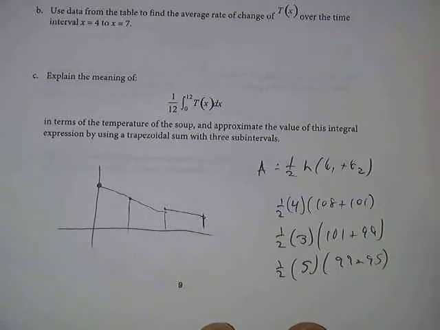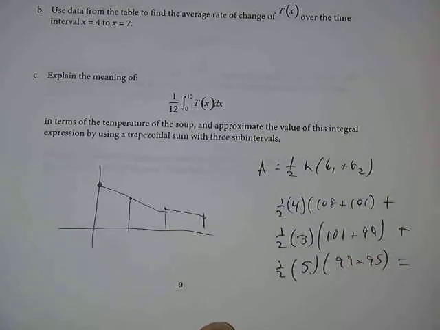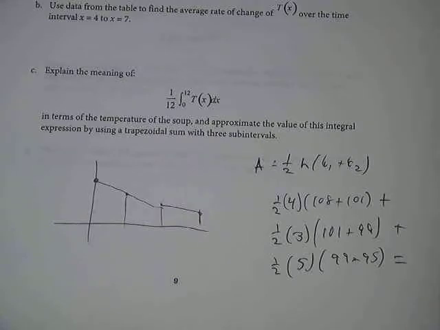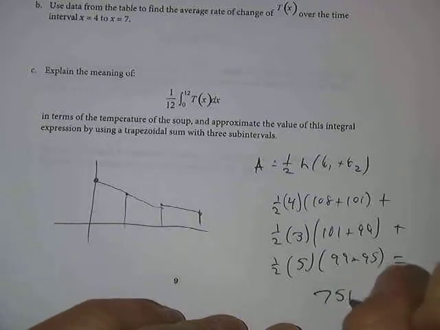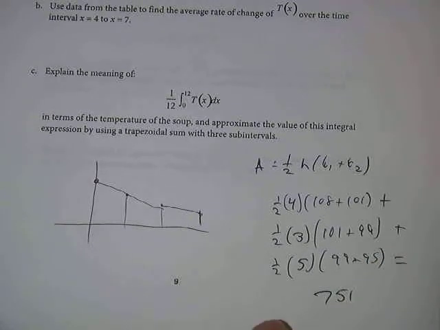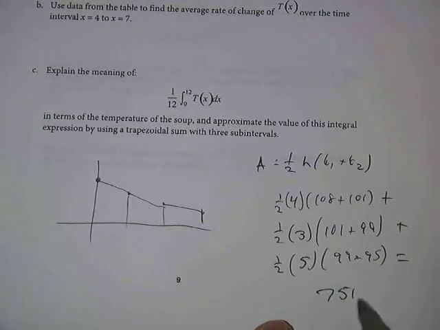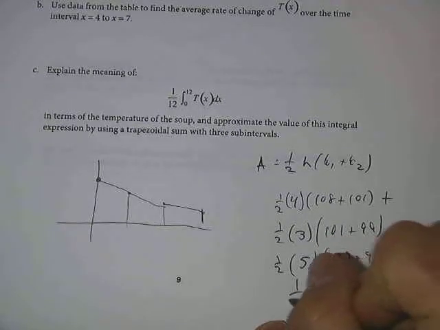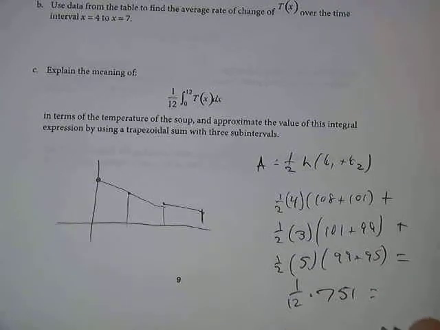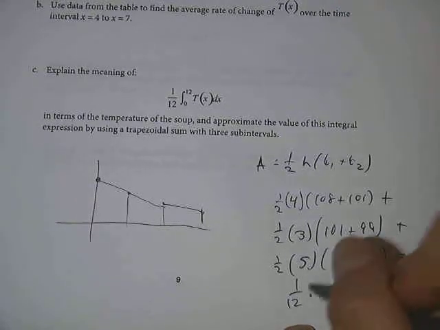The next one goes from 4 to 7, so that's a height of 3. The 2 bases are 101 and 99. And the last one goes from 7 to 12, so that's 5. And the bases are 99 and 95. Then what we're going to do with all those 3 things? Just add them up. Plus and plus and equals.